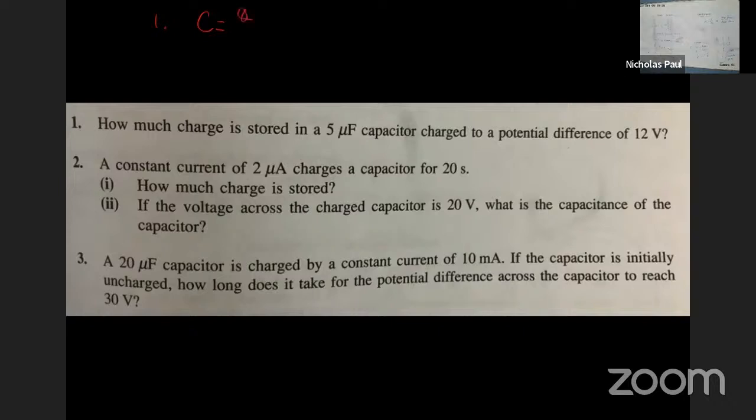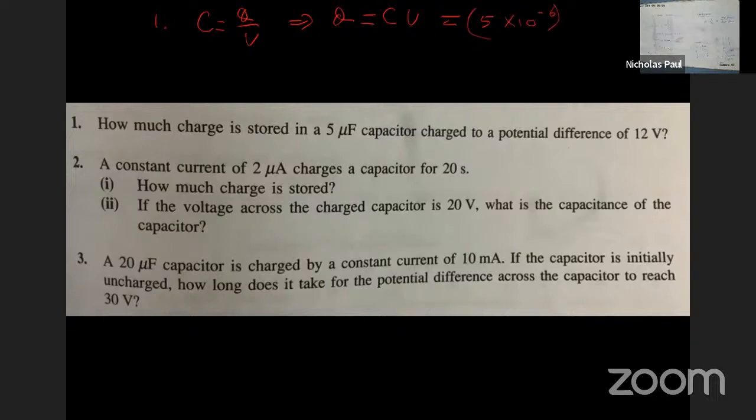Right, so C is Q over V. So Q is what? C by V? Yeah. So C is 5 micro, so that's 5 by 10 to the minus 6.